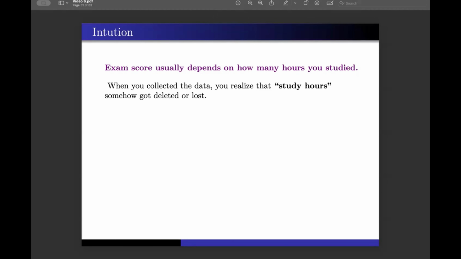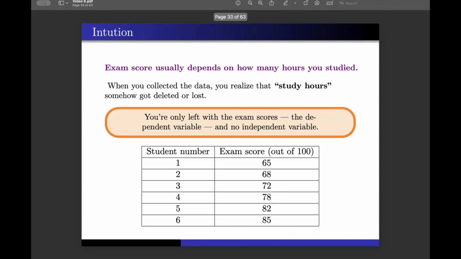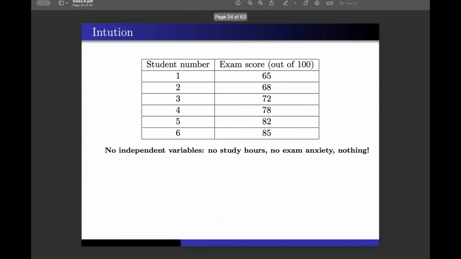But let's say when you actually sit down to analyze the data, the file with the study hours somehow got deleted or lost. So now you're only left with the exam scores, the dependent variable, and no independent variable, no predictor. So all you have is this data.